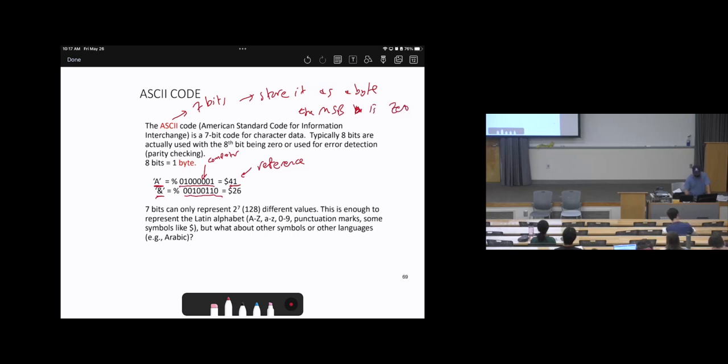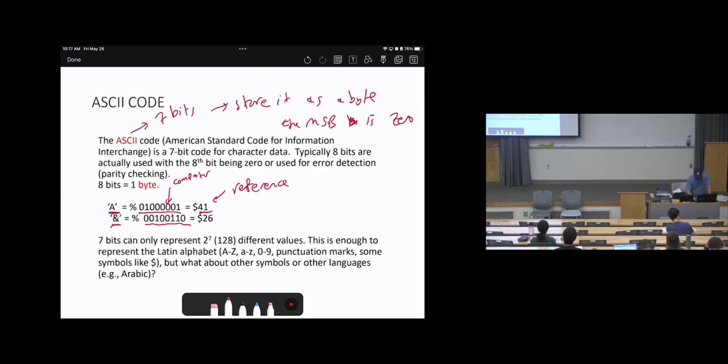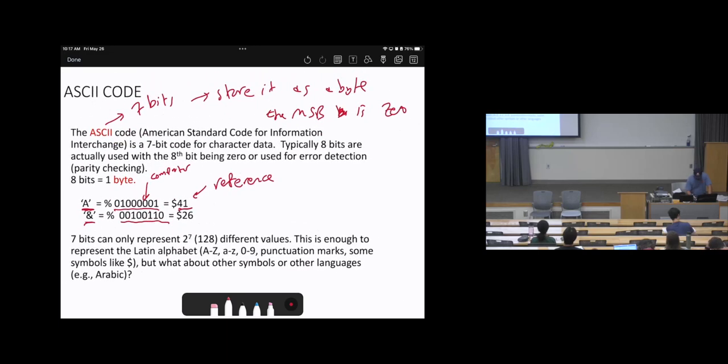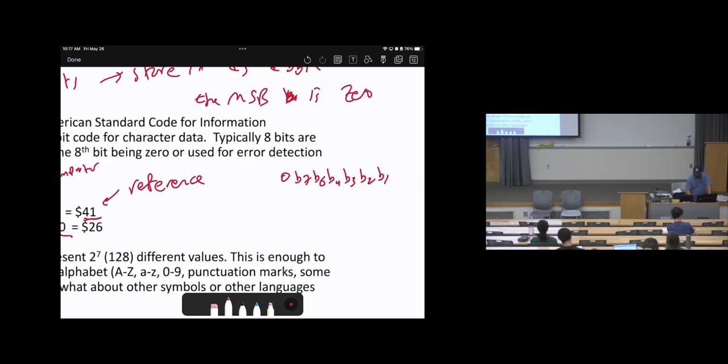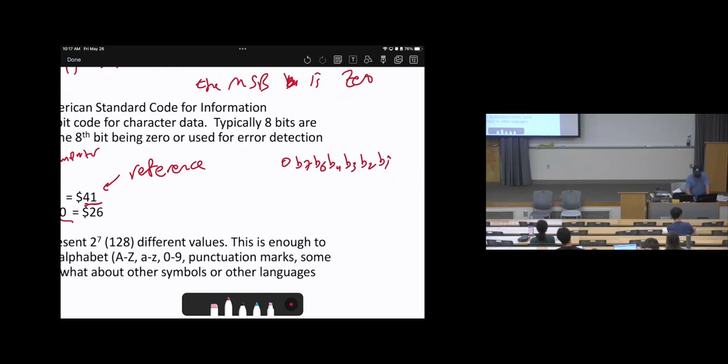Then we put the other bits after it: bit 7, bit 6, bit 5, bit 4, bit 3, bit 2, bit 1. That's how we represent the ASCII code in binary. Why do we make the first one 0? Because this is the nature of ASCII code, based on a 7-bit representation. Okay, clear?